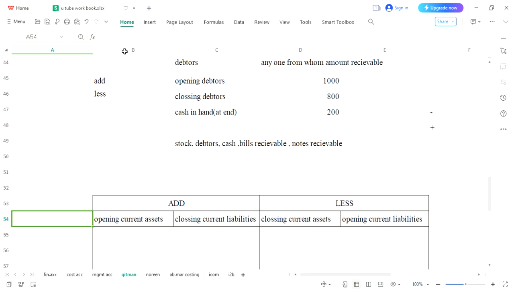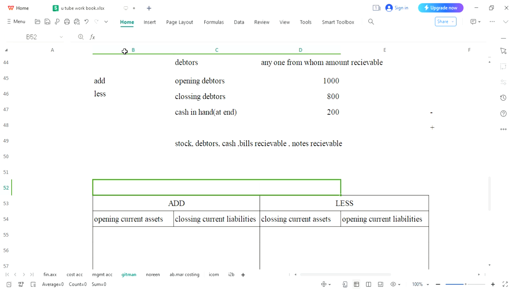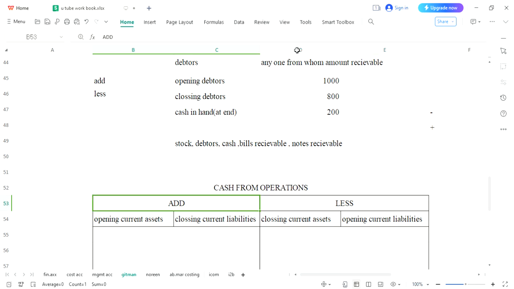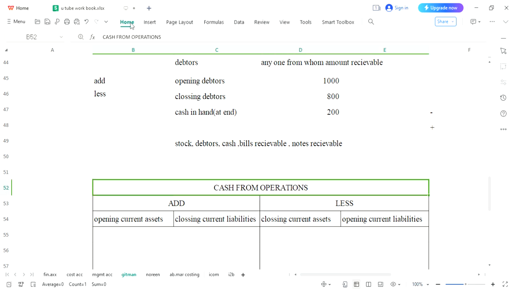Alright, now you want to know how much cash is used in operations. This is what we are discussing. This is cash from operations. Let it be put in brackets.